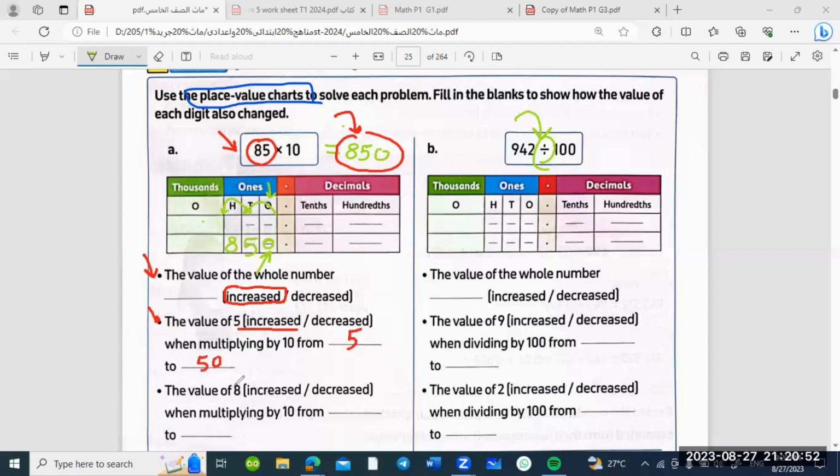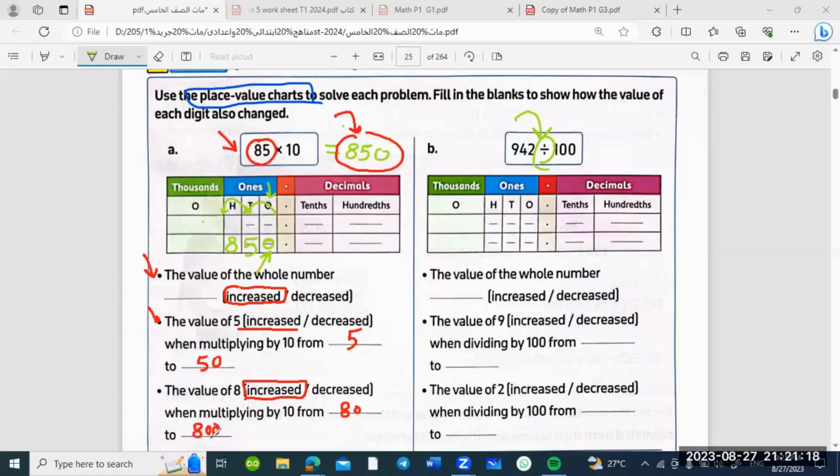And the value of 8, increased or decreased? The 8 also increased. Each digit will increase, so the whole number itself will increase. From 80 to 800.